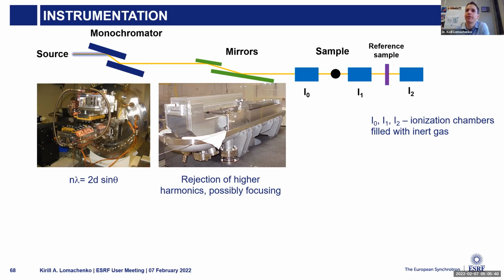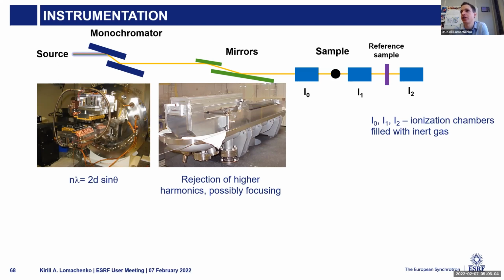So with each spectrum of your sample, you get a spectrum of the reference. This is needed to discriminate between actual changes in your sample because of some chemical treatment or heating or whatever, and drift, for example, drift of the energy of the monochromator.